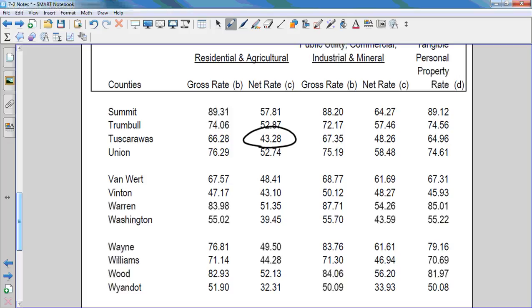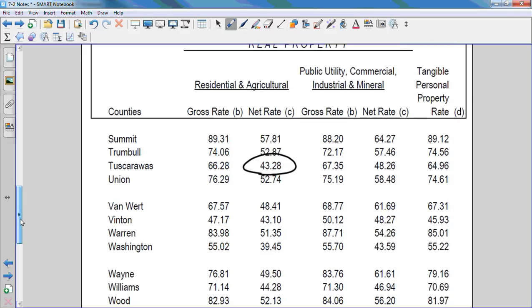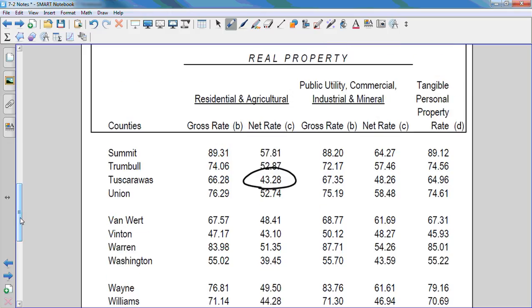If you own a residential house, or have an agricultural area, if you own a farm, it's 43.28. If you own public property, for instance, if you own a building and you run a business out of it, you're paying 48.26 mils after the reduction. If you own tangible personal property, what's tangible personal property?